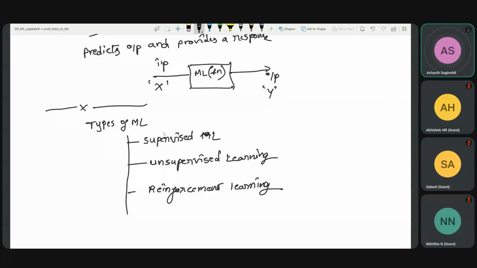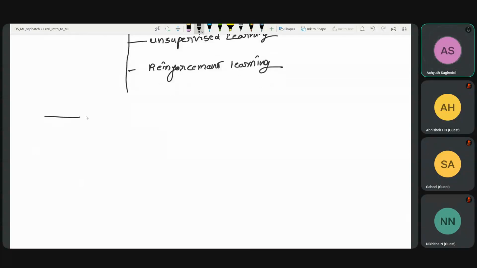Out of which we'll see mostly about supervised machine learning. So here we'll start with supervised machine learning.